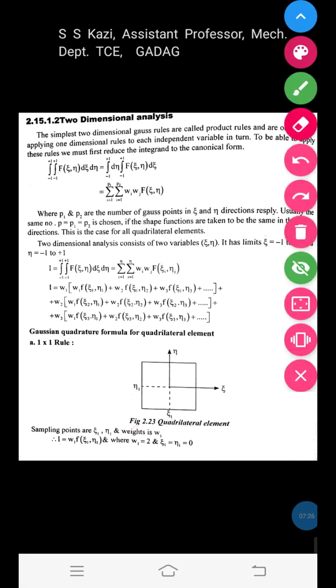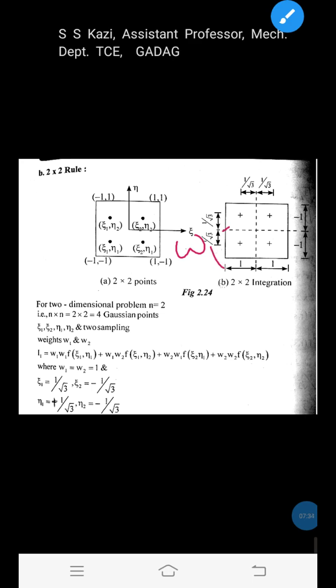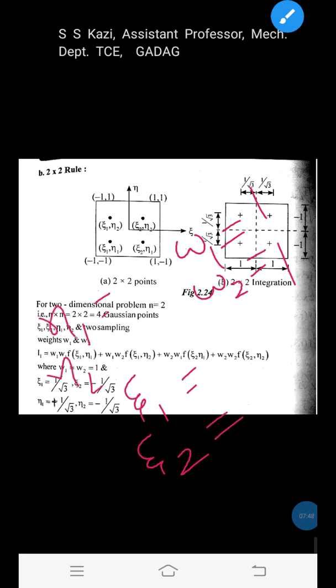Next, for the Gauss 2 point method, we will use w1 and w2 only. w1 is equal to 1, w2 is equal to 1, and we will use two Gauss points in zeta direction and two Gauss points in neta direction.